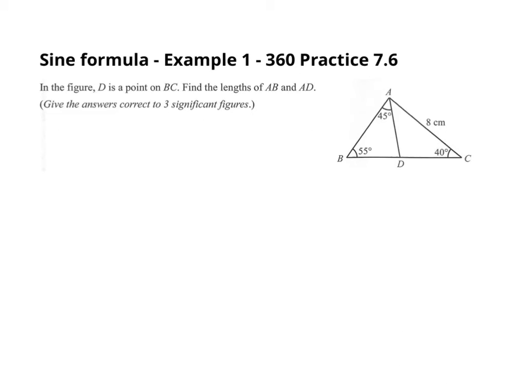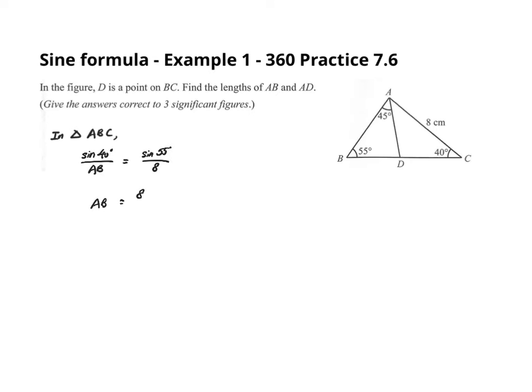Let's go through some examples. In this example, you need to find the lengths of AB and AD. We can find AB first, because in triangle ABC, AB is the opposite side of angle C, and AC is the opposite side of angle B. So in triangle ABC, by the sine formula, sine 40 degrees over AB is equal to sine 55 degrees over 8.